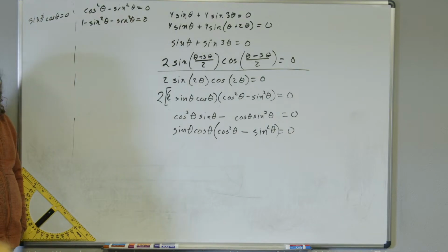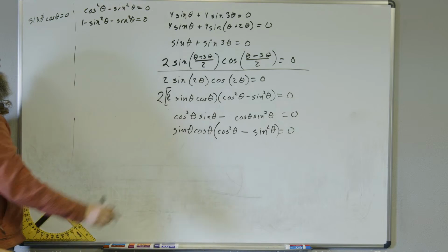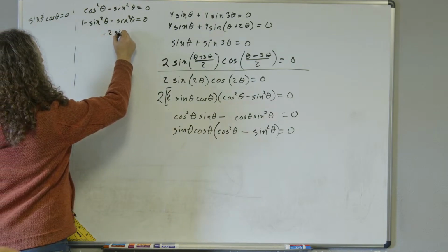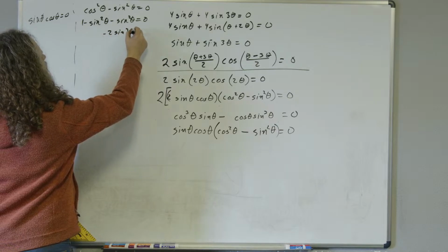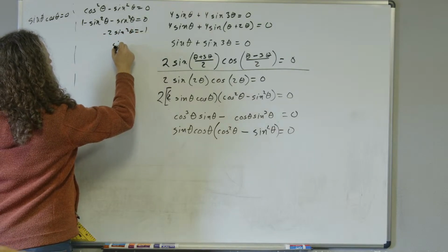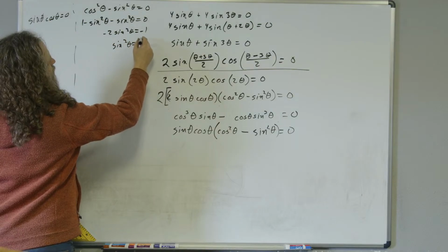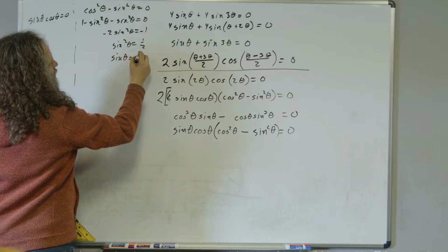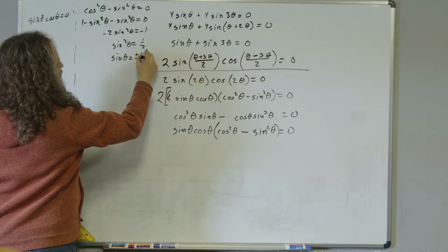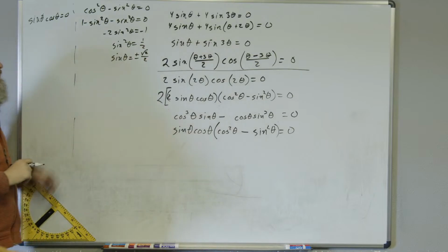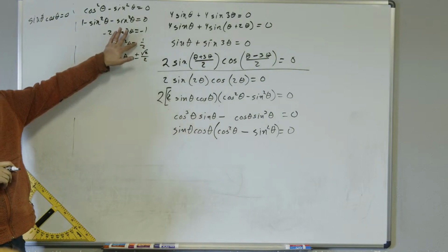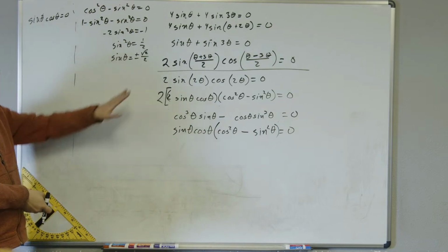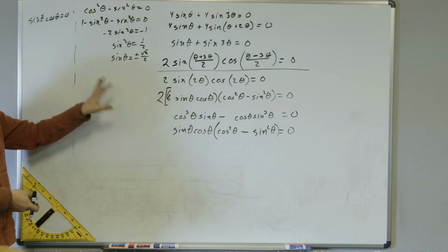Okay, so then we have negative 2 sine squared theta equals negative 1, and sine squared theta equals 1/2, and sine theta equals plus or minus square root of 2 over 2. I skipped 2 steps in here to get from this to this. Take square root of both sides, rationalize it. Bob's your uncle. And that's pi over 4, etc., right?